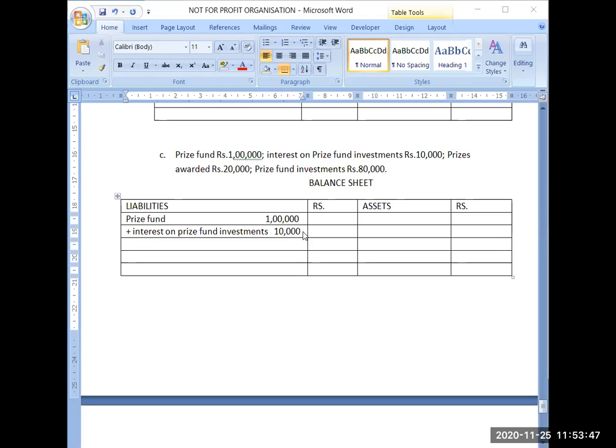So we will add it, and the total will become 1,10,000.